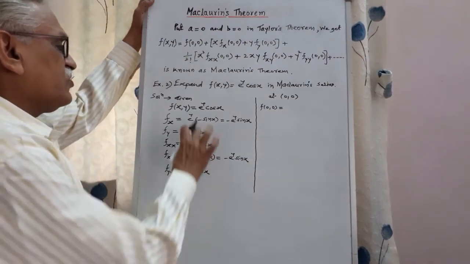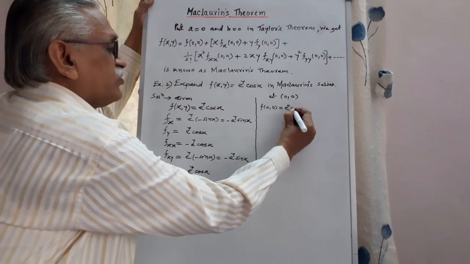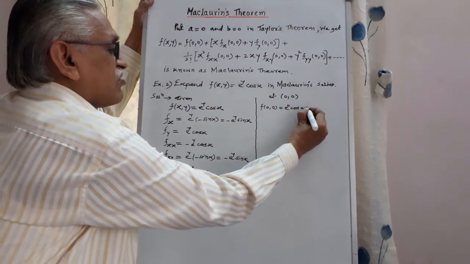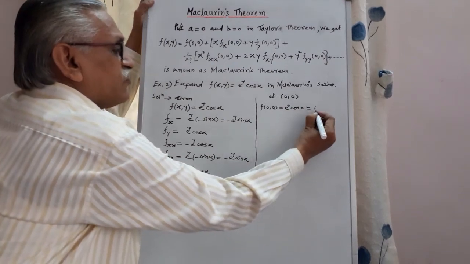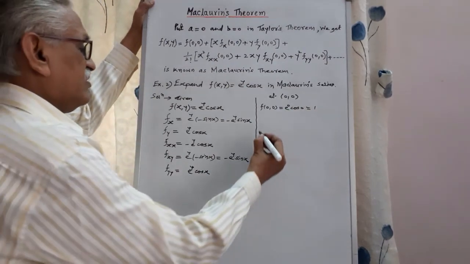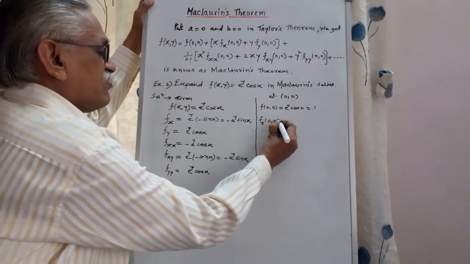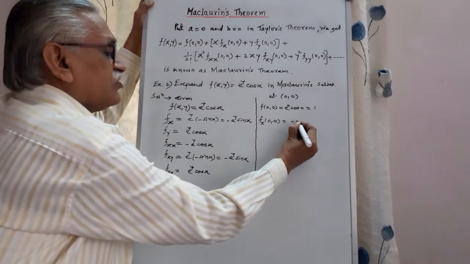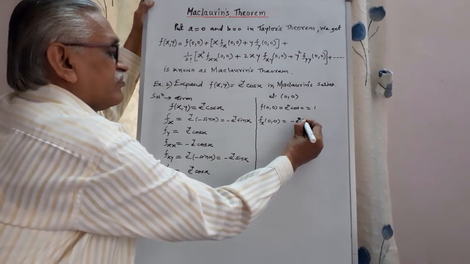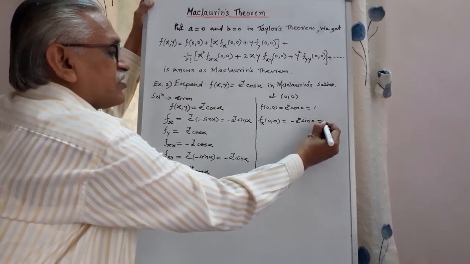Therefore, we get f at 0, 0: substituting x and y as 0, e raised to 0 into cos 0. Cos 0 is 1, e raised to 0 is 1, therefore it is 1. Fx at 0, 0 is minus e raised to 0 into sin 0, and as sin 0 is 0, this term becomes 0.